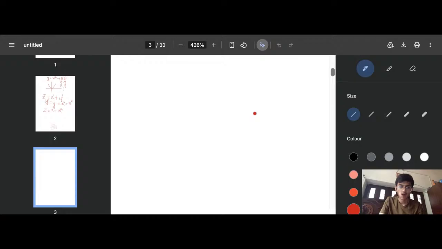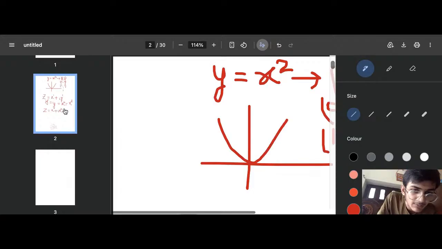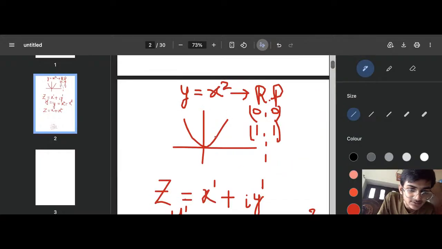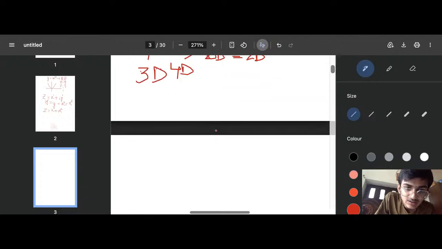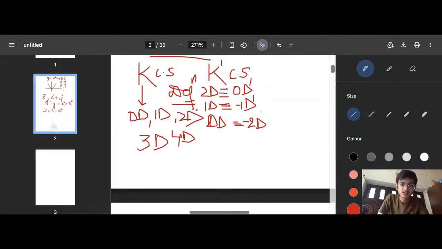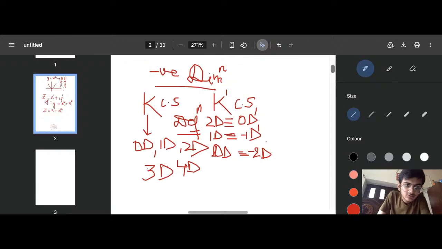So that 0D is actually minus 2D dash. Again you can write 3D as 1D dash. Actually your K dash coordinate system is quite powerful.